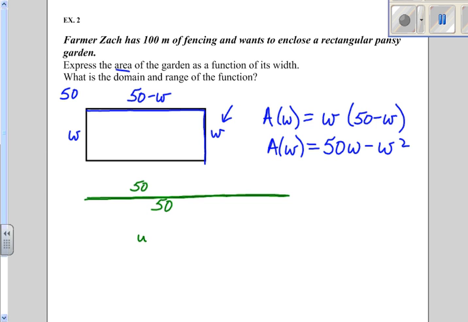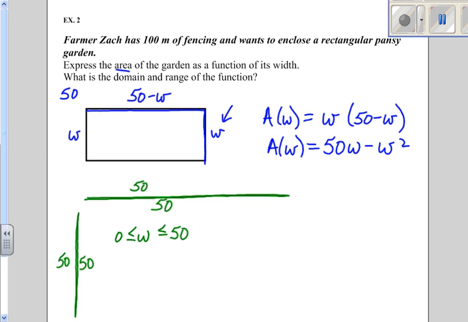So my width has to be greater than 0, but it certainly can't be negative. The largest number my width could be is if I run it the other way, and I have a width of 50. So I run it this way 50, turn around, back up 50. My width is 50. So my width has to lie between 0 and 50 for those two silly scenarios.